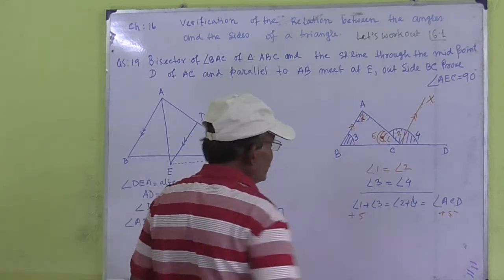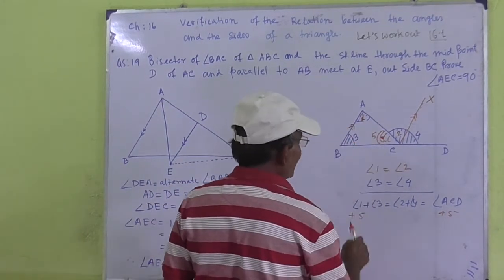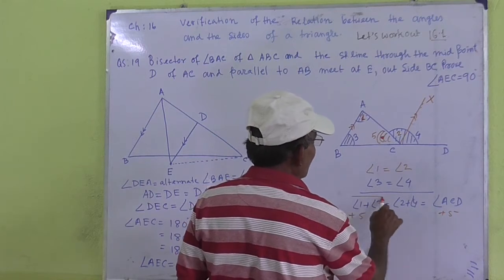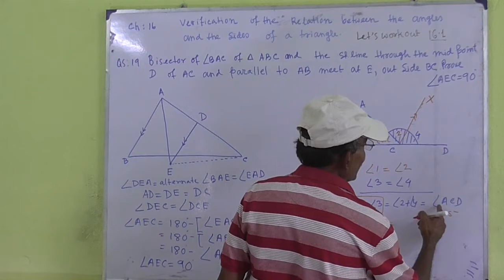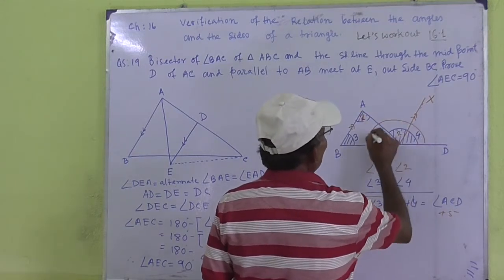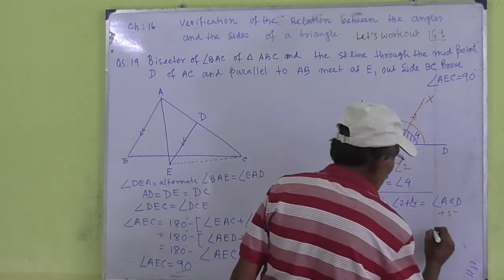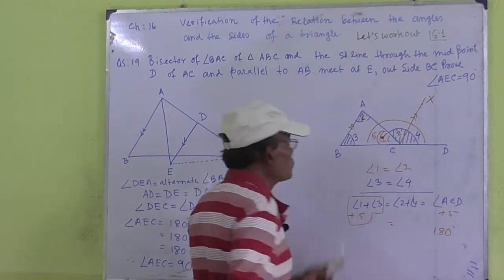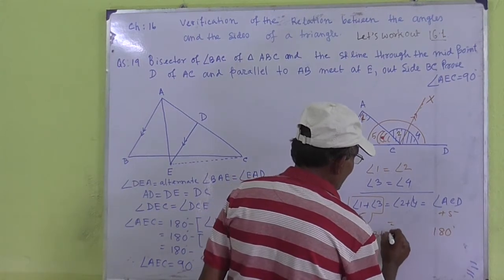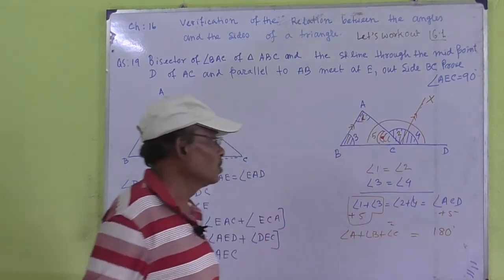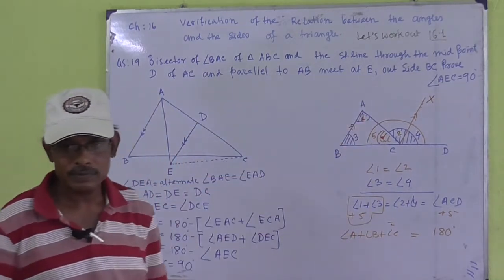So, angle 1 plus angle 3 plus angle 5 equals angle ACD plus angle 5, that means the whole angle. We know that the whole angle is 180 degrees. So, it is proved that angle A plus angle B plus angle C equals 180 degrees. With the help of the theorem, we have to prove the problem sums.